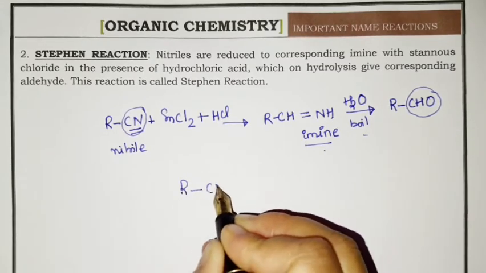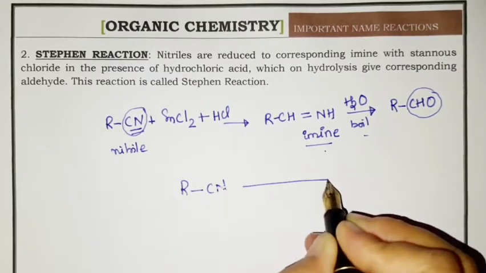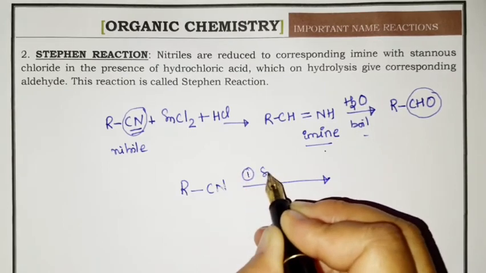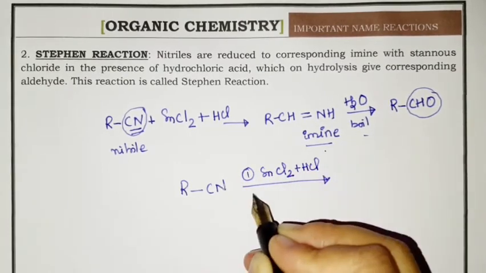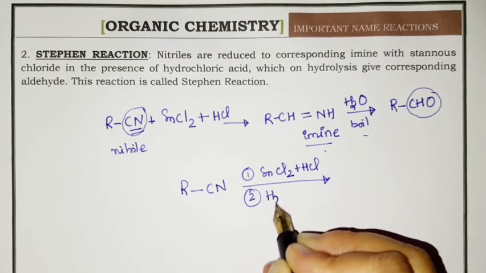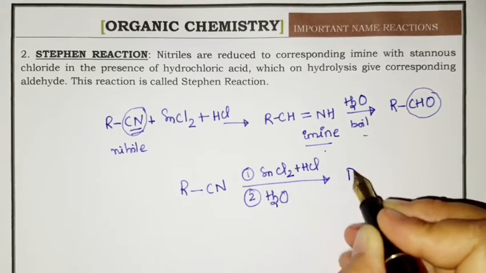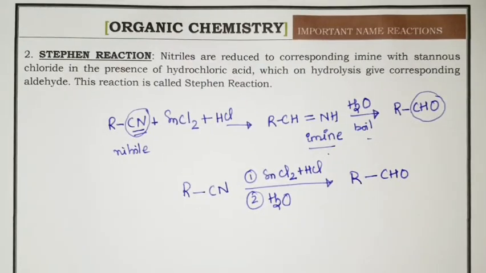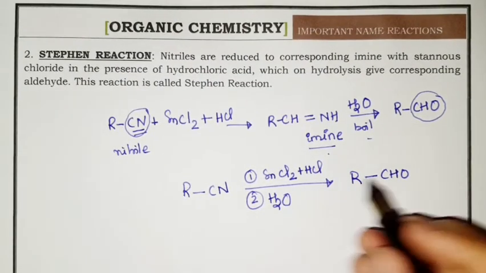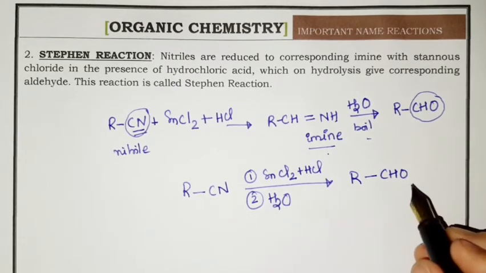First we treat the nitrile with stannous chloride and hydrochloric acid, followed by hydrolysis, and directly we get CHO. Then we can skip one step. So this is again a preparation of aldehyde.